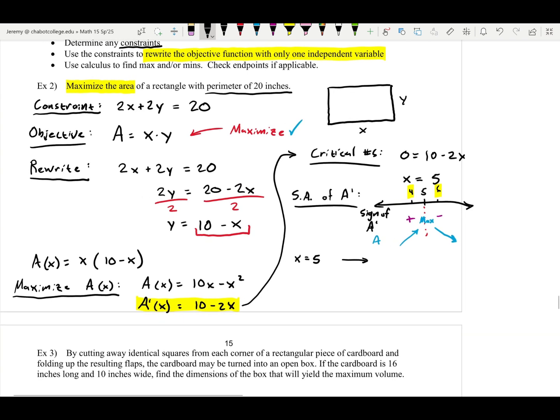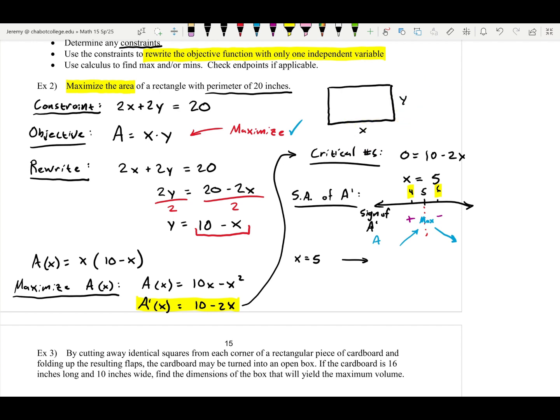Just like before, I'll plug into my constraint equation, but you know what? I'm actually going to plug into this version of the constraint over here, because y is isolated on one side of the equation. I could just plug in x equals 5 and really quickly get the y value, because for this problem I'm asked to find the dimensions of this rectangle. I want the x value and the y value.